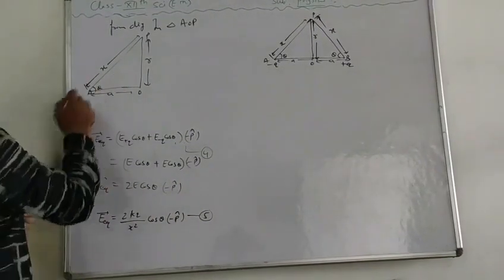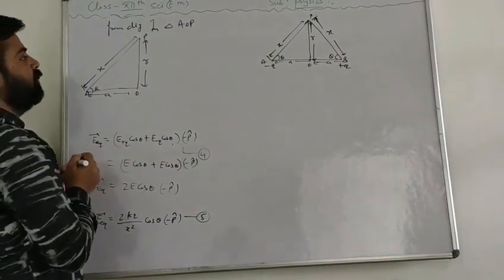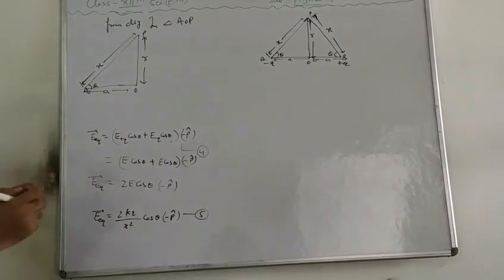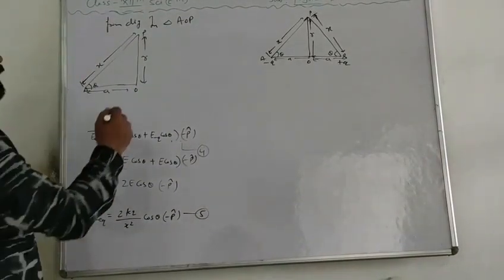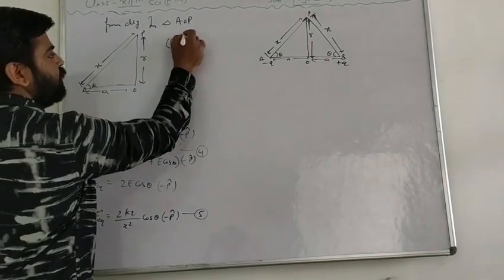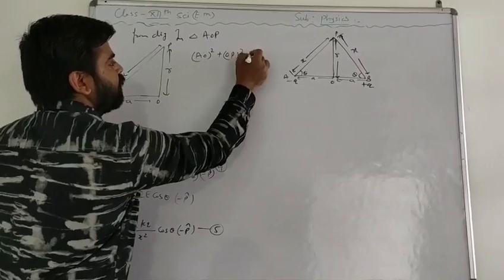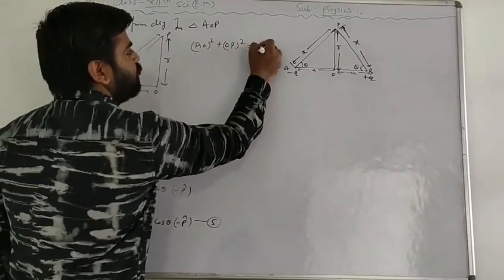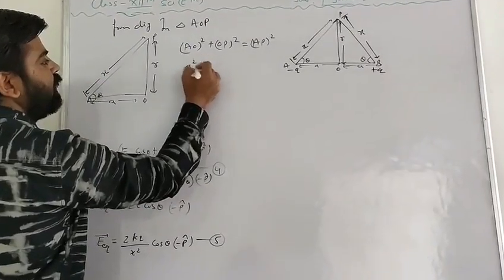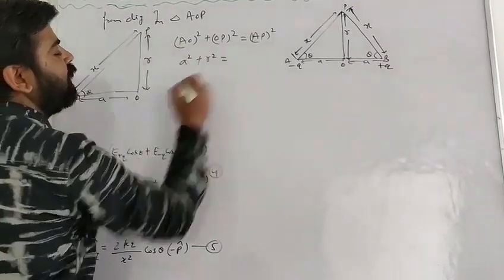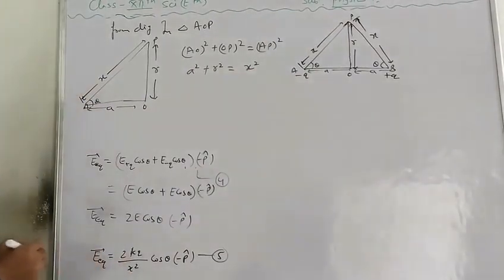So from the Pythagoras theorem: what is the Pythagoras theorem? Base square plus perpendicular square is equal to hypotenuse square. Base square AO square plus perpendicular square OP square is equal to hypotenuse AP square. AO means a square, OP means r square, is equal to AP means x square.